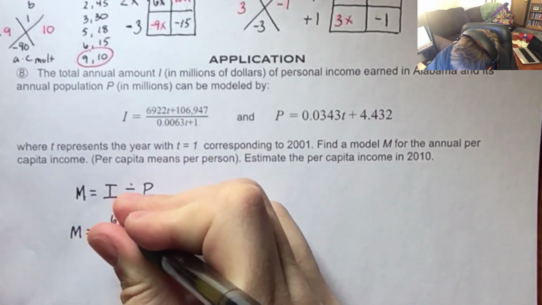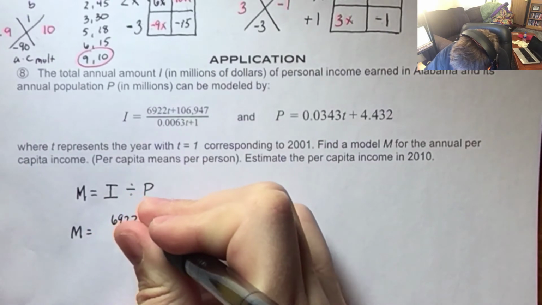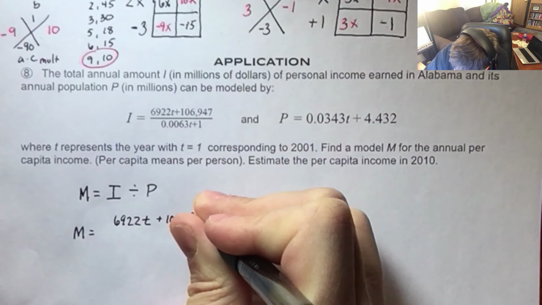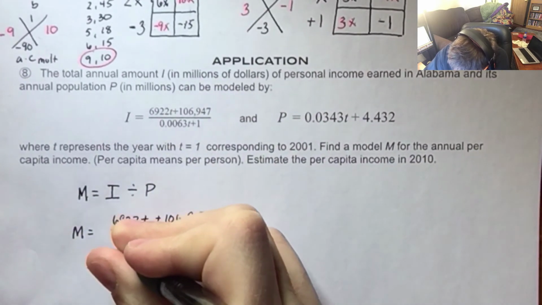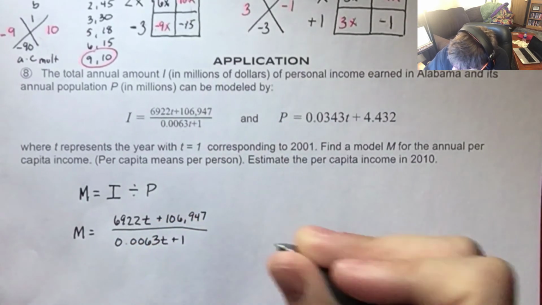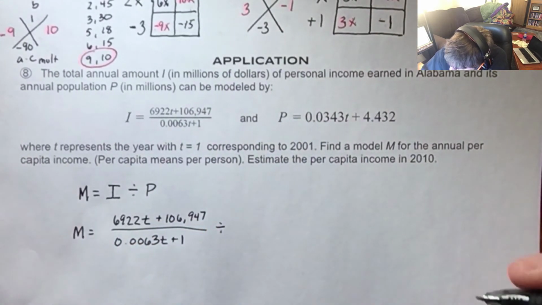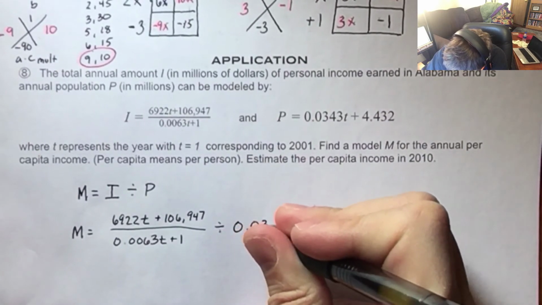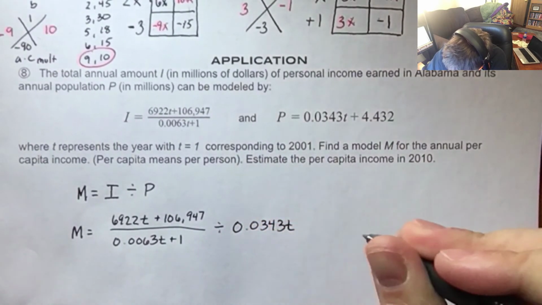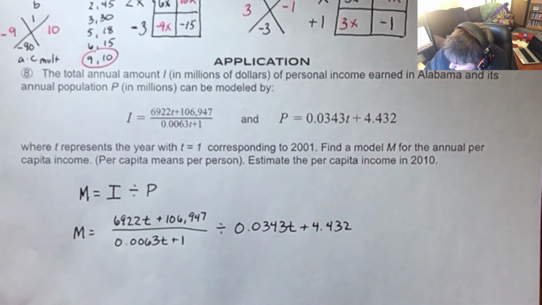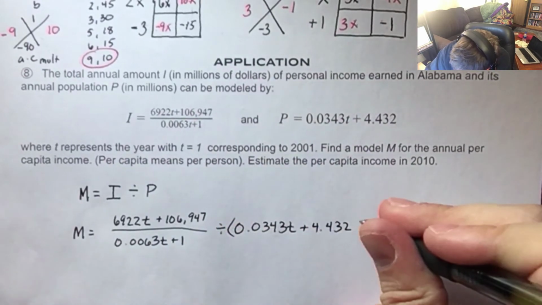So we have 6922T plus 106,947 all over 0.0063T plus 1. We're going to divide it by 0.0343T plus 4.432. We're dividing by this entire thing.